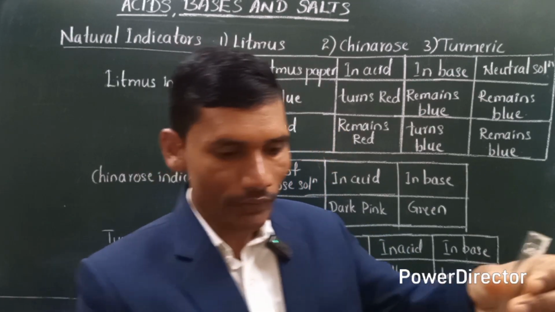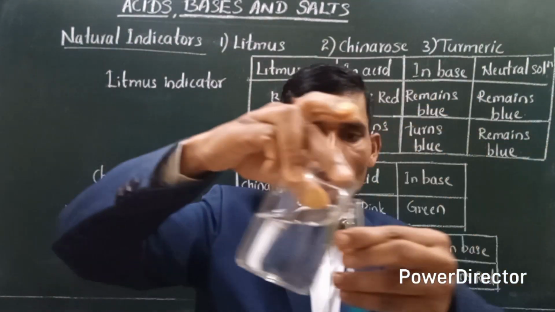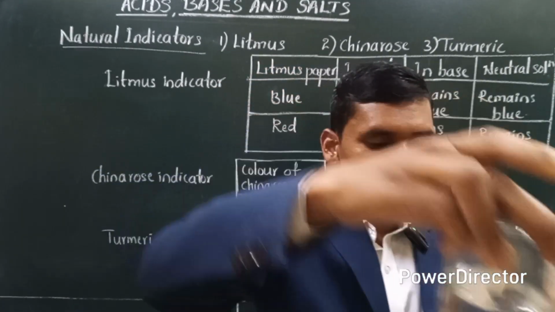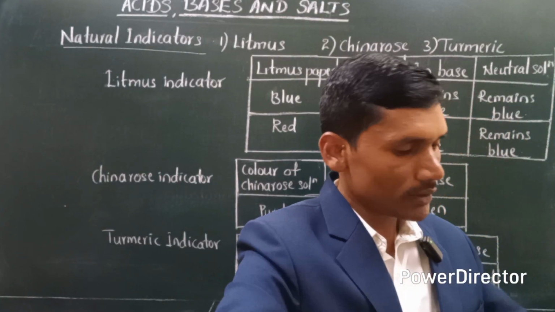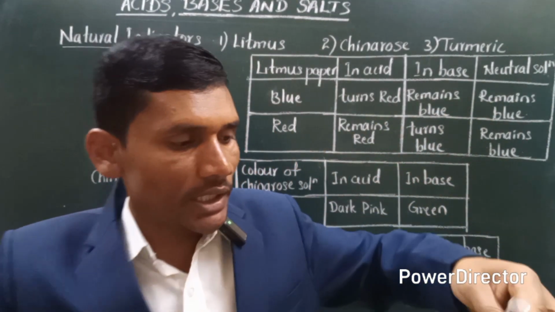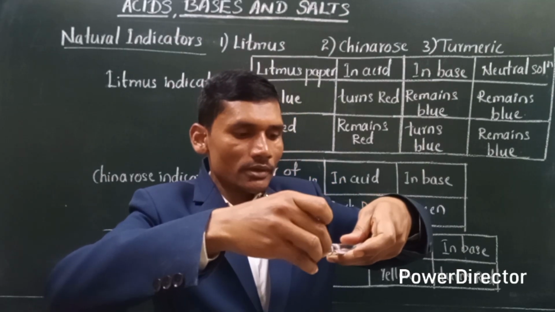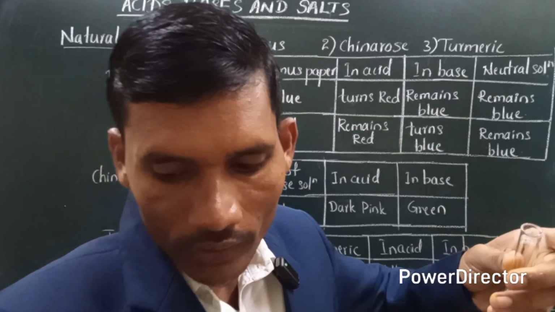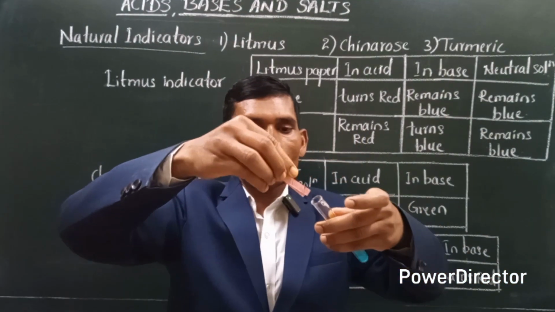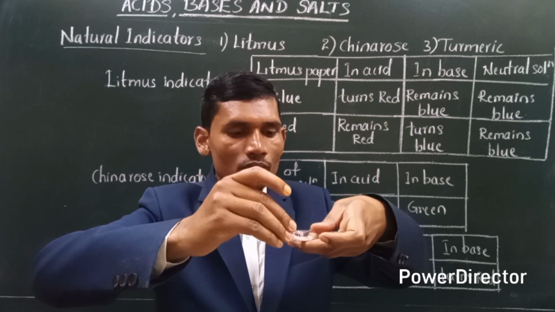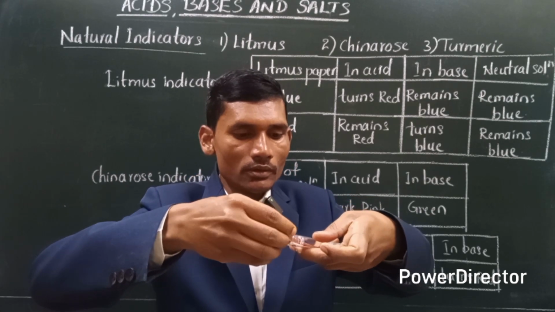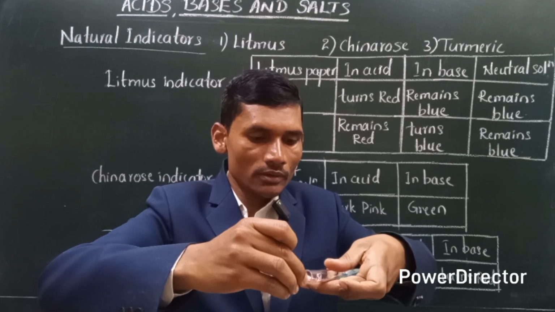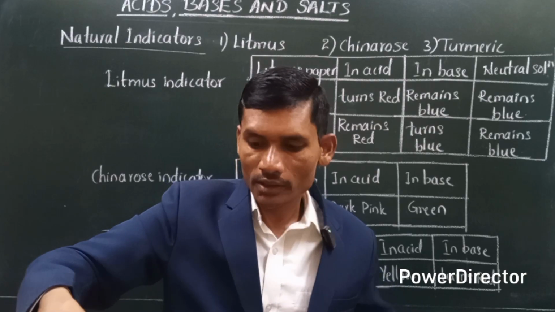Next, here is one more liquid, what I said in the beginning, the washing machine liquid. We'll add a little water to this and we'll test whether this is an acid or a base. First let us check it with blue litmus. Blue litmus did not change to red color, which means it is not an acid. Then we'll test it with red litmus.